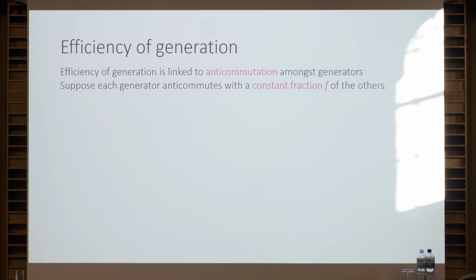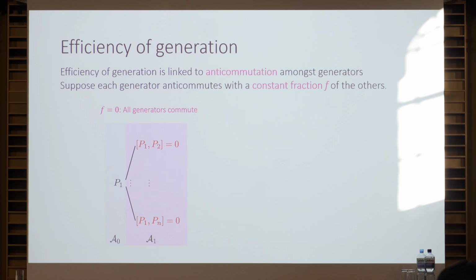It seems that this efficiency of generation is somehow linked to the anti-commutation graph amongst the generators. So in what follows, let's simplify and just assume that all generators anti-commute with a constant fraction of all the others.